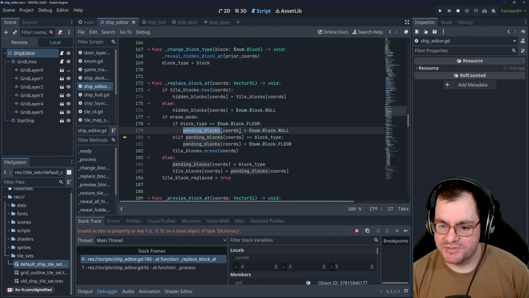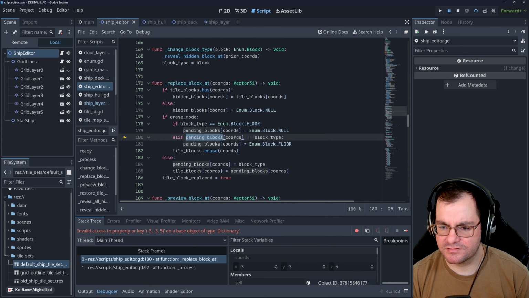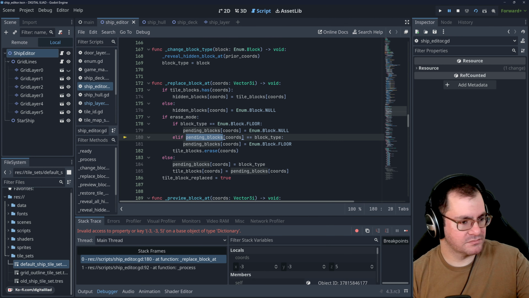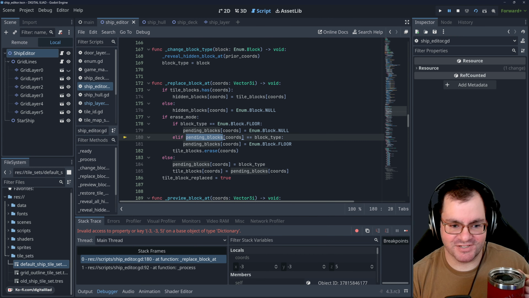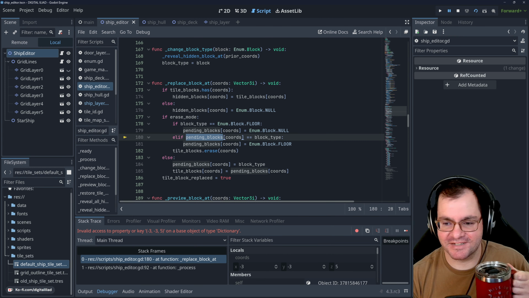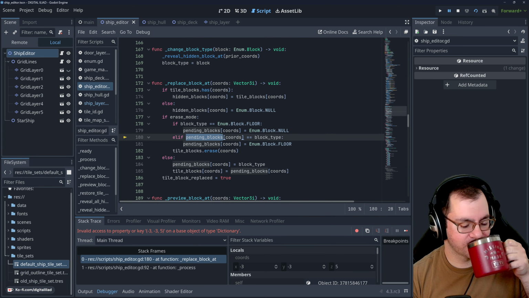We'll do some interesting stuff with that, with shipbuilding. So we're having the same issue here, which is that pending blocks coords is not valid. You're starting to see the vision. The game is going to be so good. I appreciate that. I appreciate the vote of confidence.